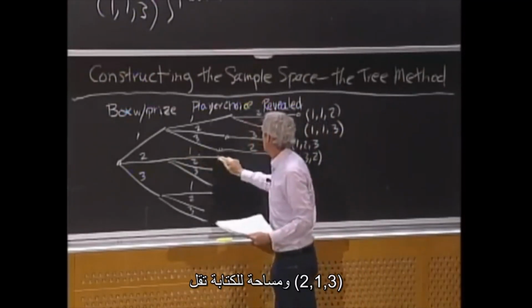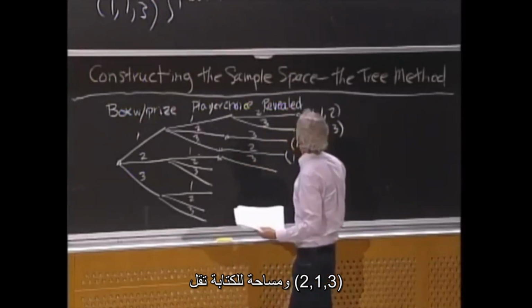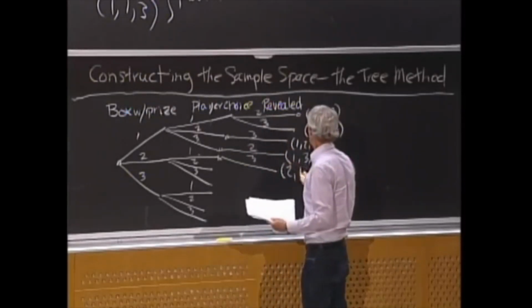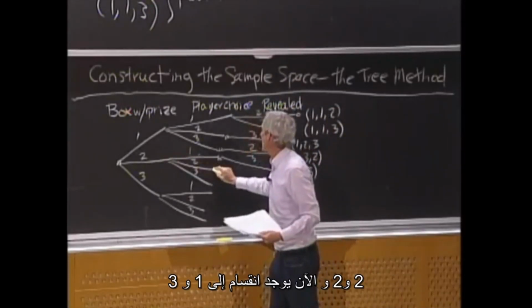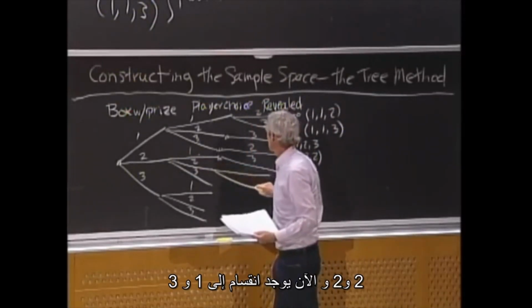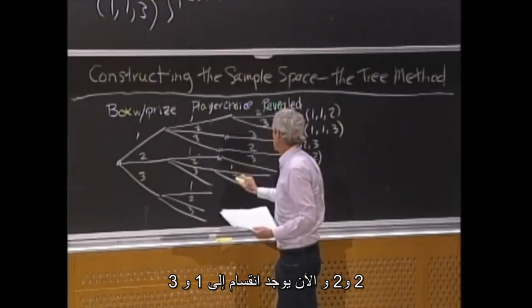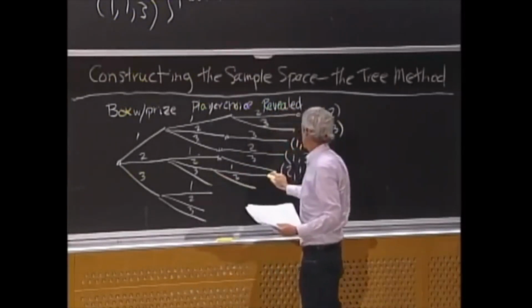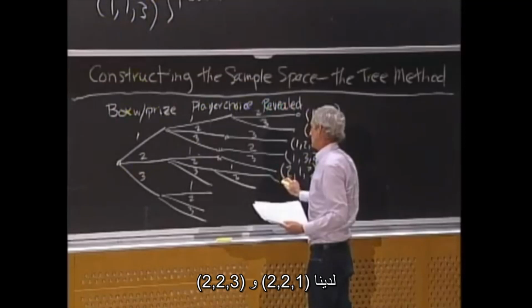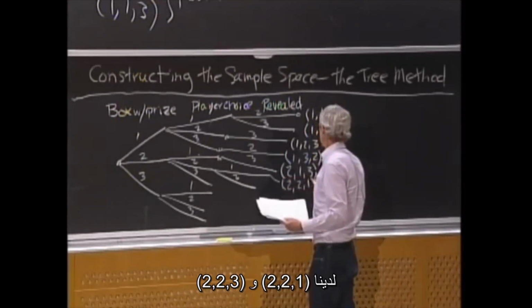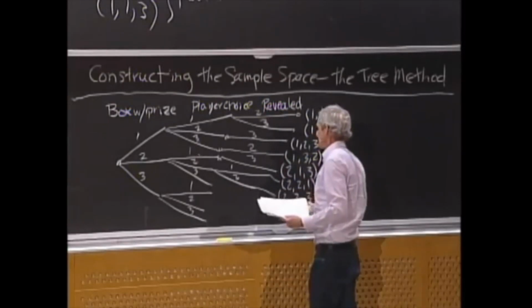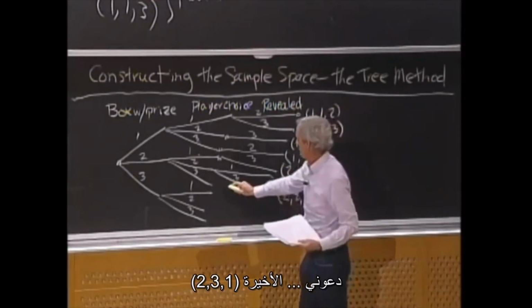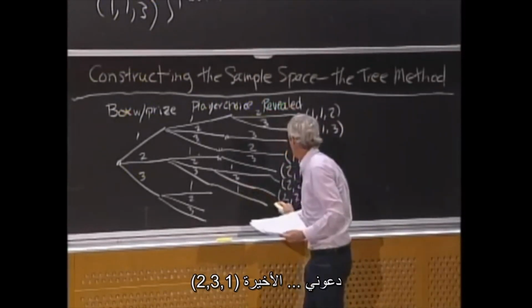2, 1, 3. I'm going to run out of space, but 2, 2, now this splits into 1 and 3. All right, so we have here 2, 2, 1, 2, 2, 3. And let me do the last one, 2, 3, 1 here.